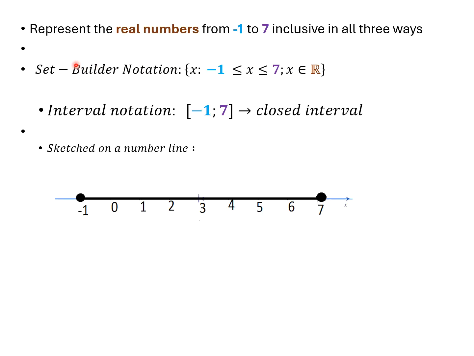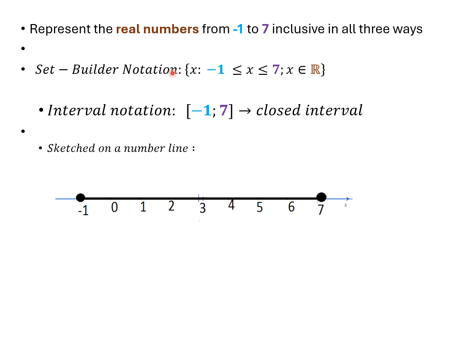Right, number 2, represent the real numbers from -1 to 7, inclusive, in all three ways. Right? So I'm starting from -1, so -1 is included. And I'm going to 7, where 7 is also included, right?